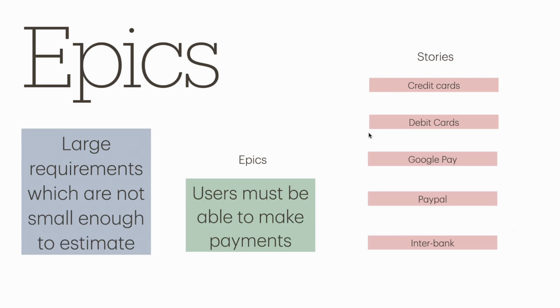Users must be able to make payments using debit cards, or through Google Pay, through PayPal, or through interbank transfer. So we get smaller stories against which we can write test cases, and it becomes estimatable. So whenever we see a large requirement in a product backlog which cannot be estimated, that is an indication that it is an epic that must be decomposed further into smaller stories, which can be completed in 2 to 3 days' time.